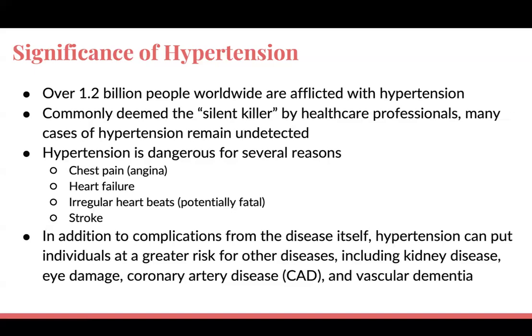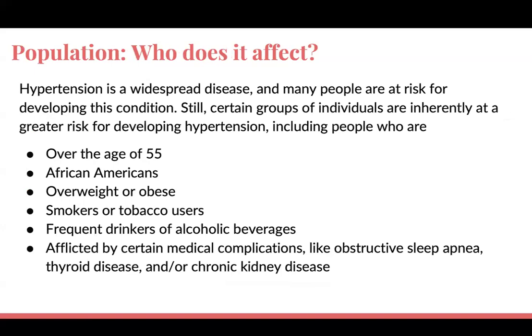It's serious. And now, who does it affect? It's widespread. Imagine 1.2 billion, that's a lot of people. It's a widespread disease, and many people are at risk for developing the condition. But there are certain groups of people that are at an even greater risk.